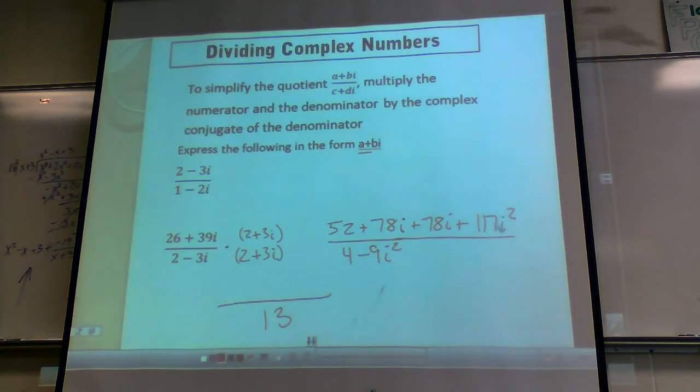This would become negative 117. So negative 117 plus 52 is how much? Negative 65. And then the 2 i's together would give you 156i. And then again, like I said, I would want you to break that apart.